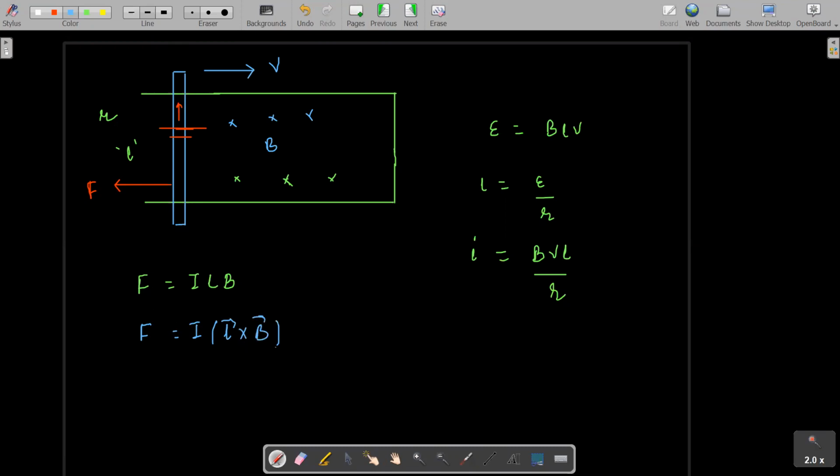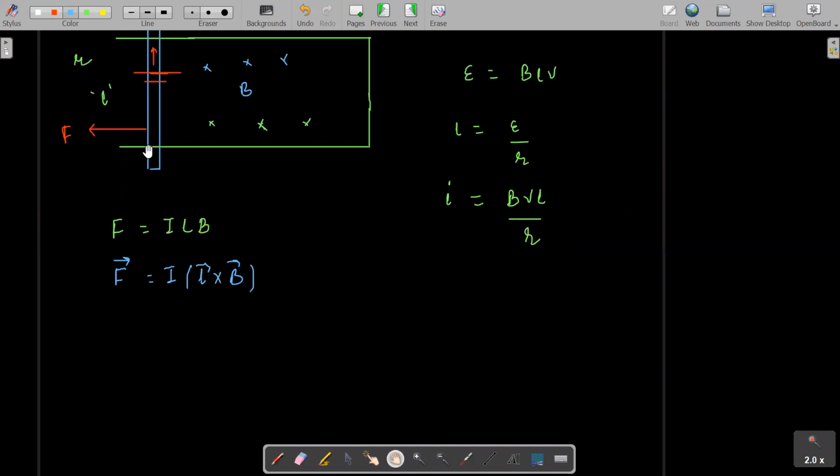So if we give this rod a velocity v, there will also be a force acting on it. To calculate the value of F, we have said that the force is I into L into B.